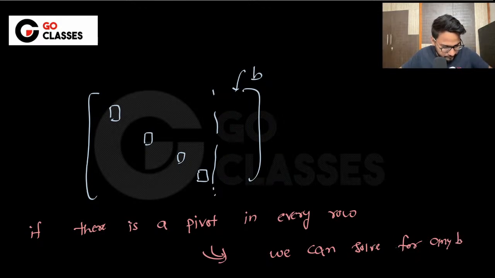Right? Is this okay to everyone? I hope that is fine, right? Irrespective of the b, if there is a pivot in every row, then we can solve. Or is there some confusion here? I think yes, right? So we can definitely solve.